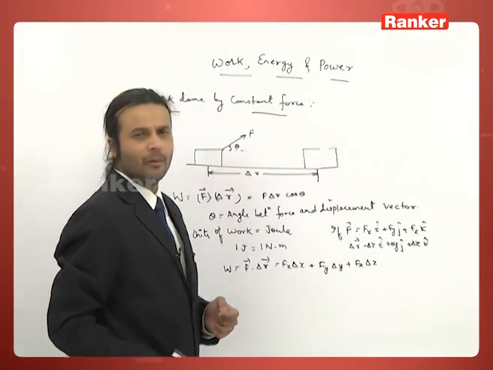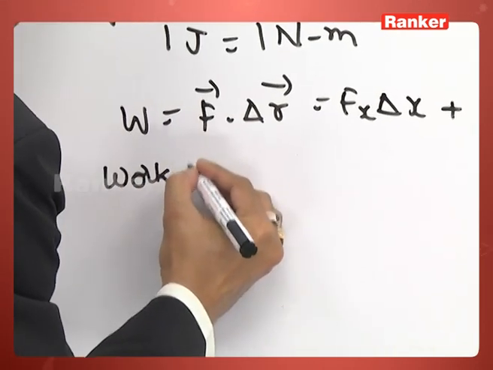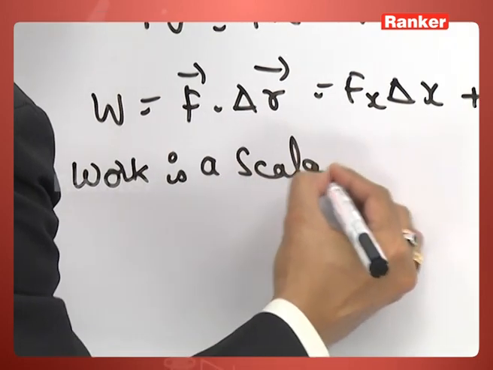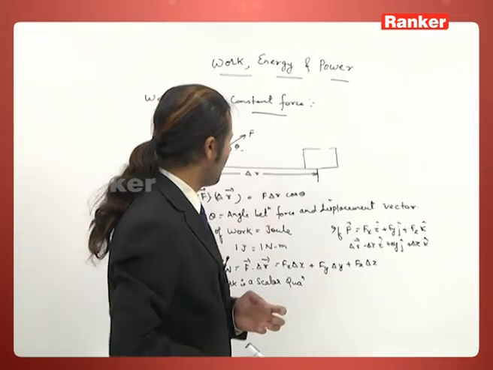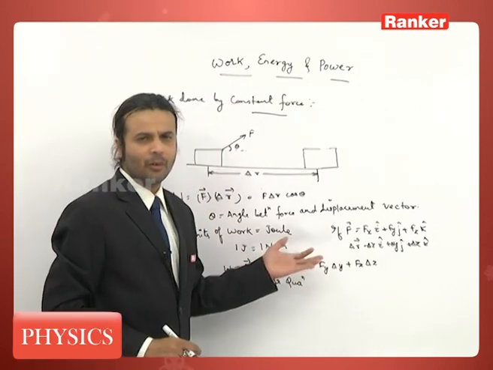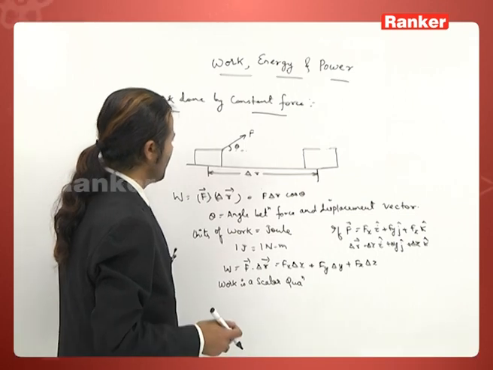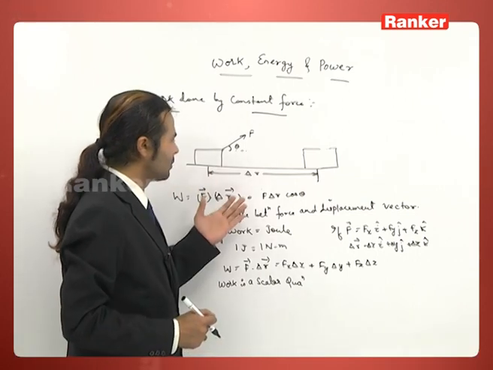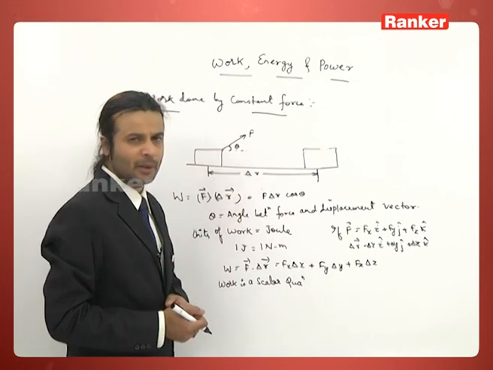And since work is a scalar quantity, it does not depend on the orientation of the coordinate axis. So simply we can say work is defined as the dot product between the force vector along the direction of the displacement vector.